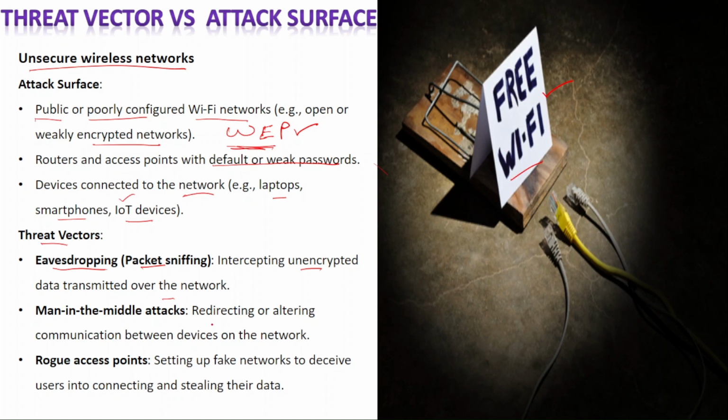Man-in-the-middle attacks, redirecting or altering communication between devices on the network. Again, these both go hand in hand. Once you intercept the traffic, you can redirect it, you can alter it, and of course you can view it. And the last threat vector is the rogue access point. So setting up fake networks or access points to deceive users into connecting and then stealing their credentials or their data.